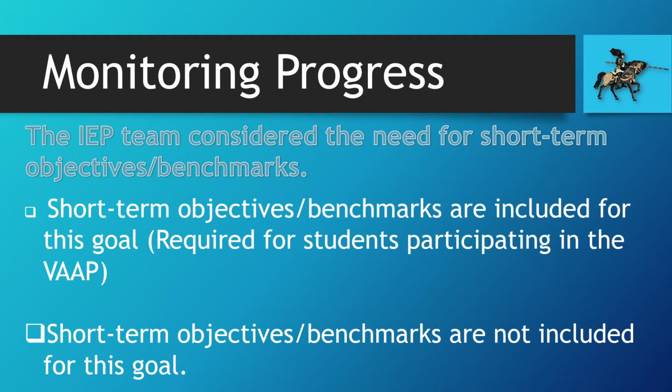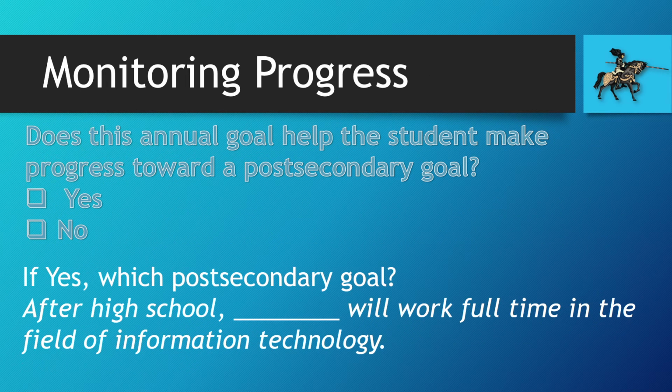Here's a sample of what monitoring progress looks like on the Virginia IEP system. Here's another part of monitoring progress that pertains to the post-secondary goal.